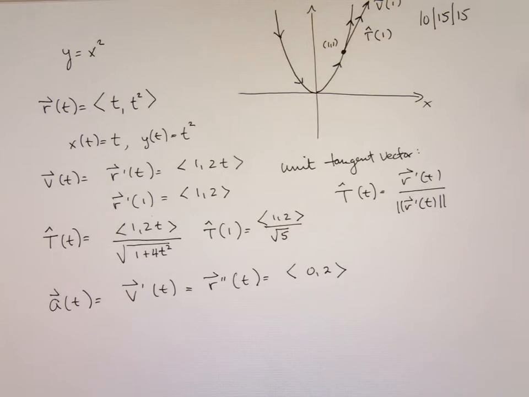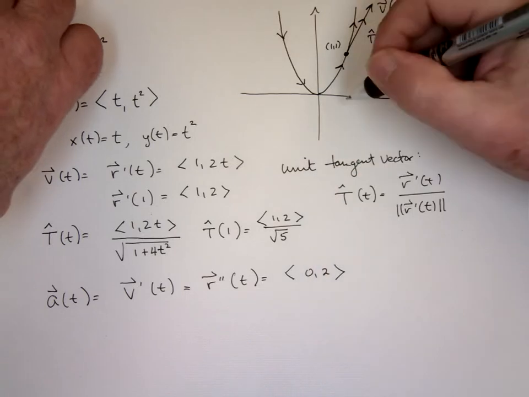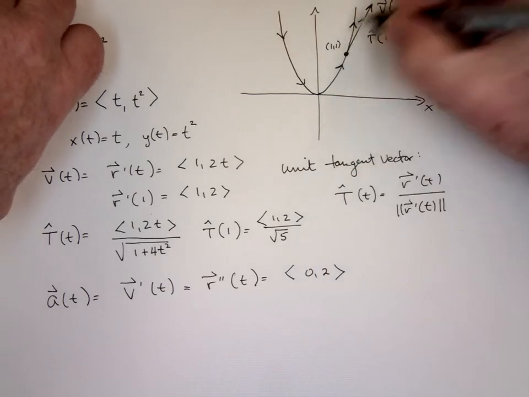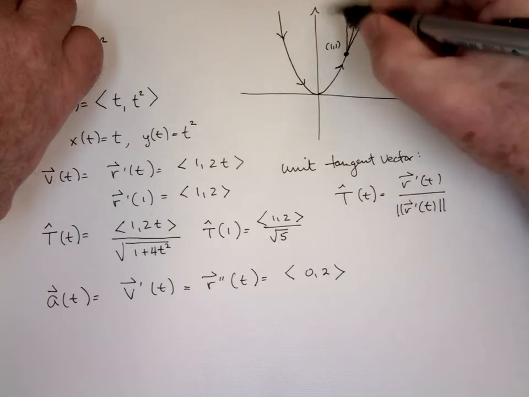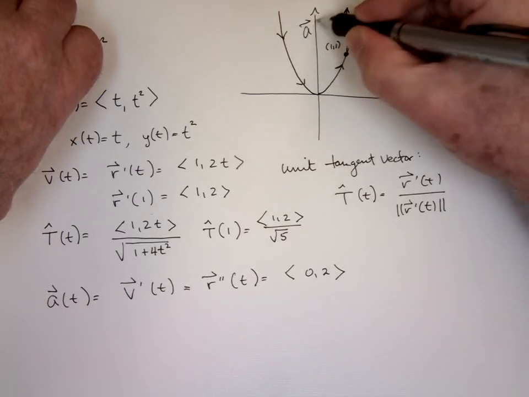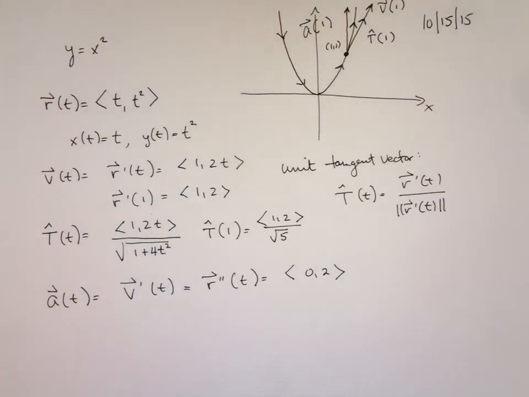Similar to what Dan had, although this is a 0, 2, it stays 0, 2. That one at least changed, but it was only in the y direction, like this one is too. So the acceleration at every point is 0, 2. This is the acceleration. That's our acceleration vector at this point. It's our acceleration vector everywhere.